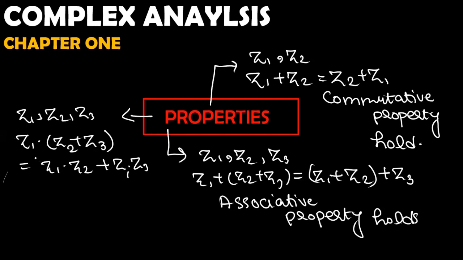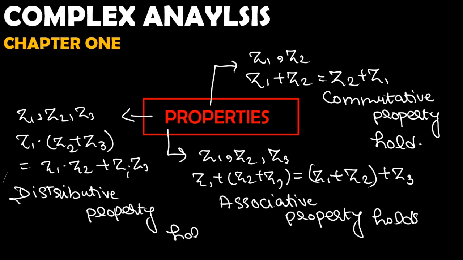It means that the first complex number Z1 is distributed over Z2 plus Z3. So the distributive property also holds in complex numbers. Remember that the commutative, associative and distributive properties hold in complex numbers.